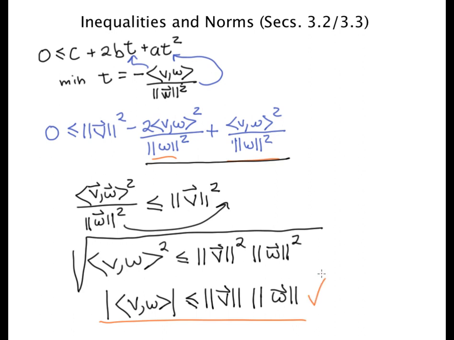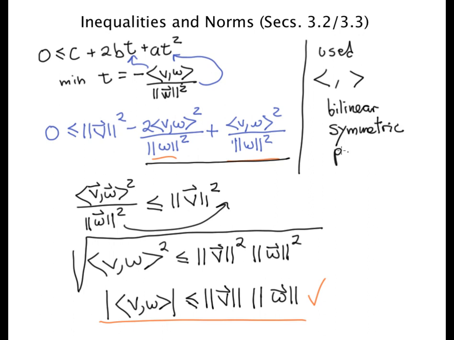All right, so what's the moral of the story? All I used was the bilinearity, the formal properties of the bilinear form. The only thing I needed was that this form is bilinear and symmetric.